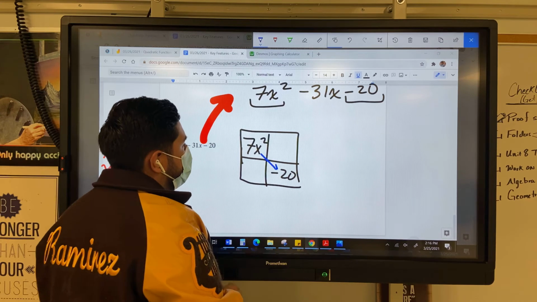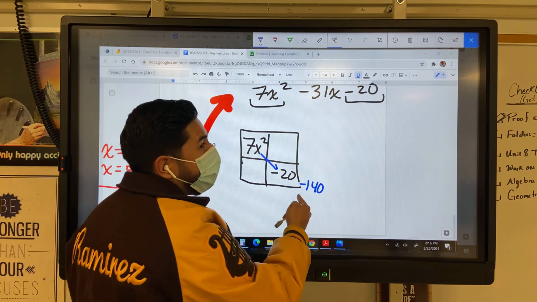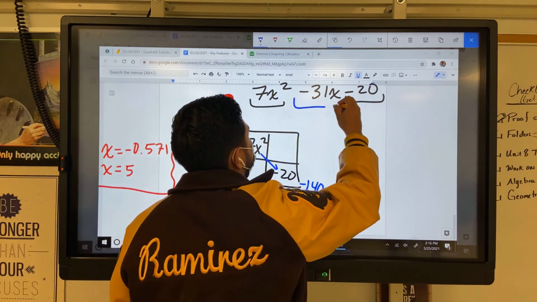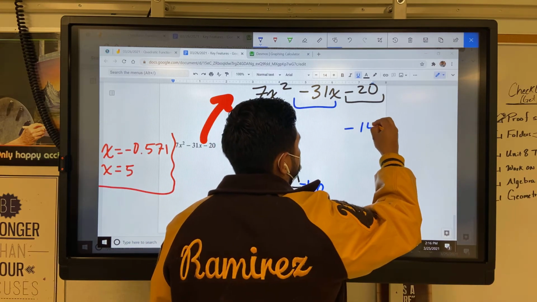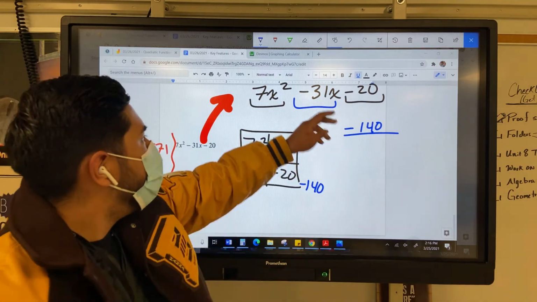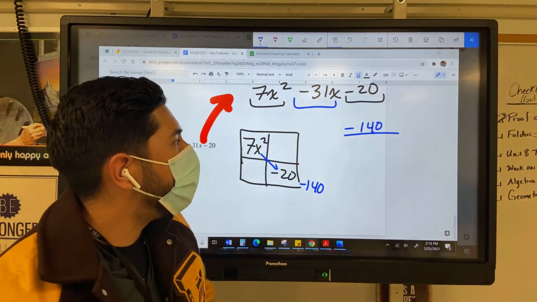Multiply. 7 times negative 20 is negative 140. This is why I got a little scared, because it's huge. And we need this to be added from this. So we got negative 140. Let me see if I have enough room. I forgot, don't forget, double negative. The rule is bigger numbers negative, the smaller numbers positive.